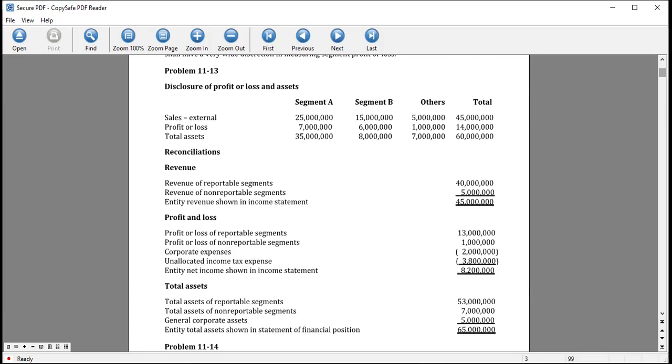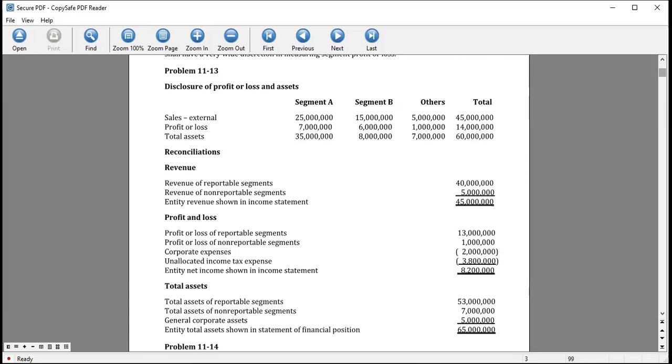Now we have the total assets of the reportable segments given at 53,053. The non-reportable segments of 7 million and general corporate assets of 5 million, so the total is 65 million.